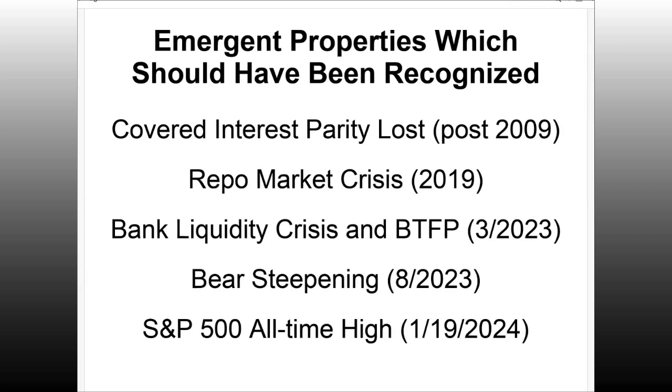Okay, the last of the 5 emergent properties that I'm going to draw attention to just happened on Friday, which was the S&P 500 hit an all-time high. And in the conventional understanding of the model, this is classified as economic good news.